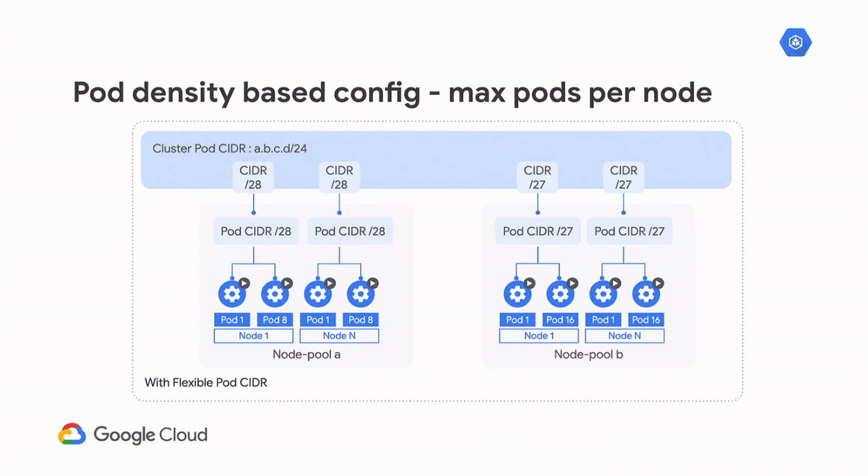And then I can allocate a smaller sized pool out of that, say a /24 for the entire cluster that you see up on top, but then discrete /28s, or say /27 for the other node pool, so that I can be very, very efficient in how I use my pod IP address range.